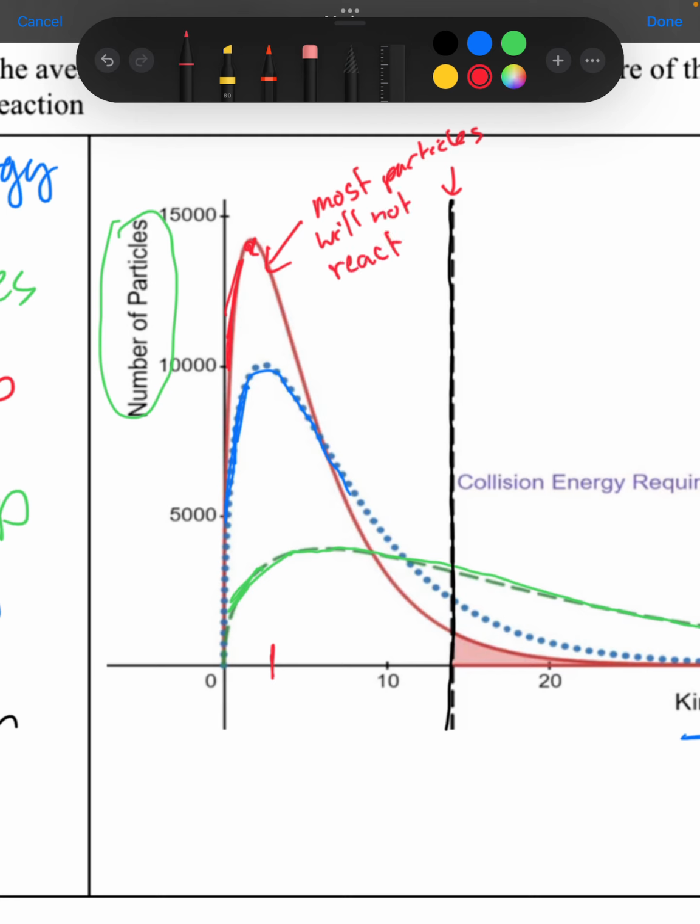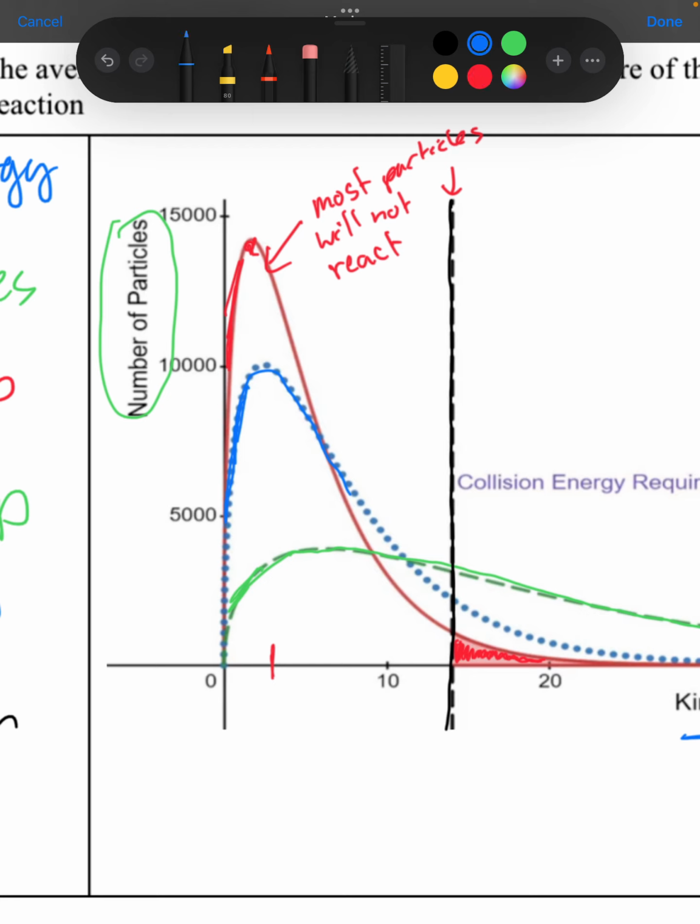There's only a small fraction of particles in that red sample that can actually react, and that's represented by this little shaded area under our curve, because the area under our curve represents our total number of molecules in that sample here. So again, only these molecules under the curve over here to the right of that dotted line actually have enough energy to hit each other and react with one another.